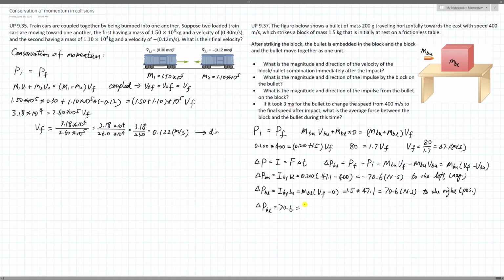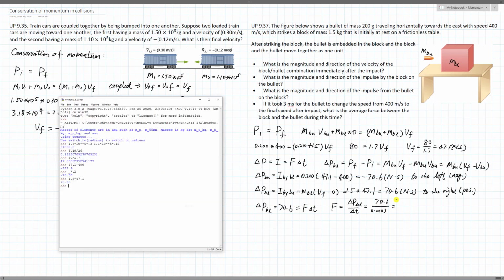Let's still do the formality: the force between the two times the duration. So the force is the change of momentum of the block over the duration. So 70.6 over 3 milliseconds, so 0.0003. Let's use our calculator: 70.6 over 0.0003.